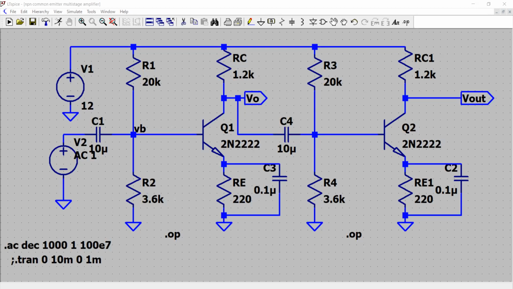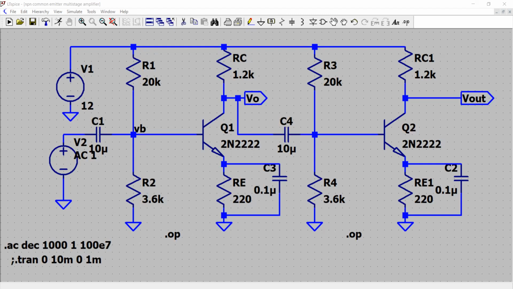So it is possible to create this multi-stage cascade where each stage, as you can see, is separately biased, and it's coupled to adjacent stages via DC blocking capacitors. Inserting the coupling capacitor between the stages blocks the DC operating point bias level of one stage from affecting the DC operating point of the next.